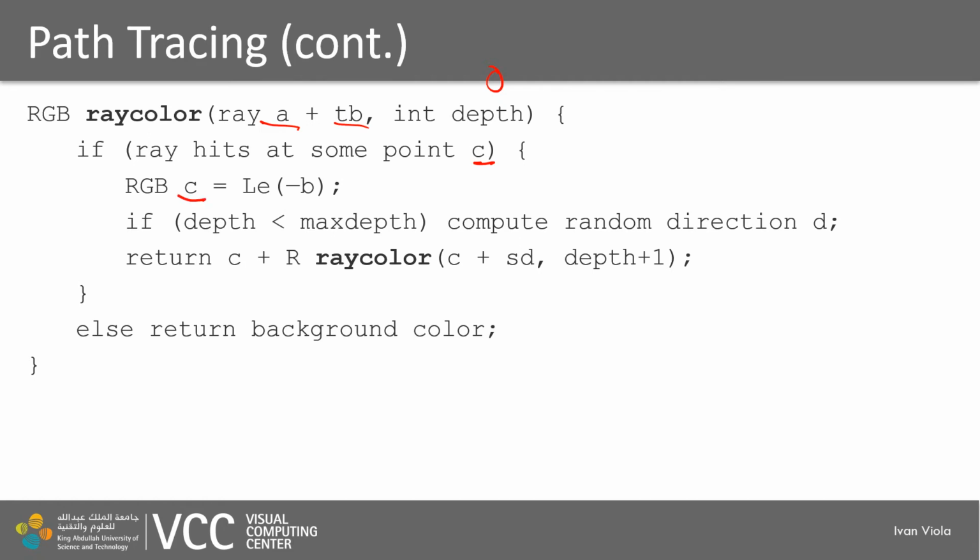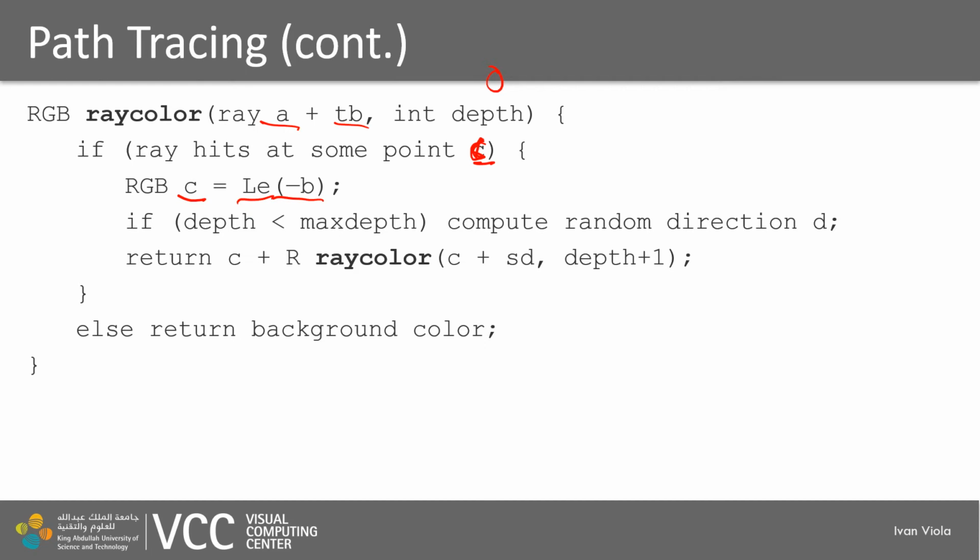Now, at this point, we will be evaluating the color C. So this is not the same C, I'm sorry. Let's make this C bold, while the other one will not be bold. And we are evaluating what is the emitting radiance in the direction towards the eye, so in the direction of minus B in this case. And that will be the first contribution of the light.